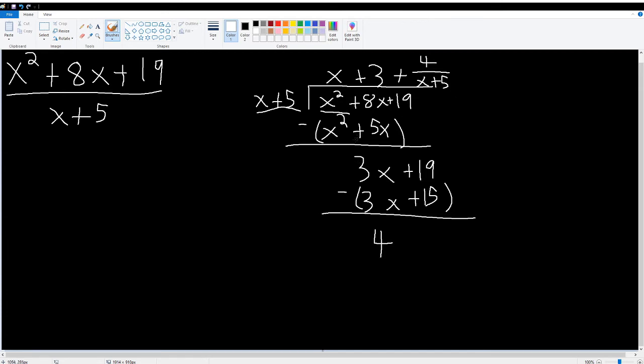Obviously in math, it's always a good idea to check. So my answer is x plus 3 plus 4 over x plus 5. By theory, if I multiply this by x plus 5, I should be getting back this top part.